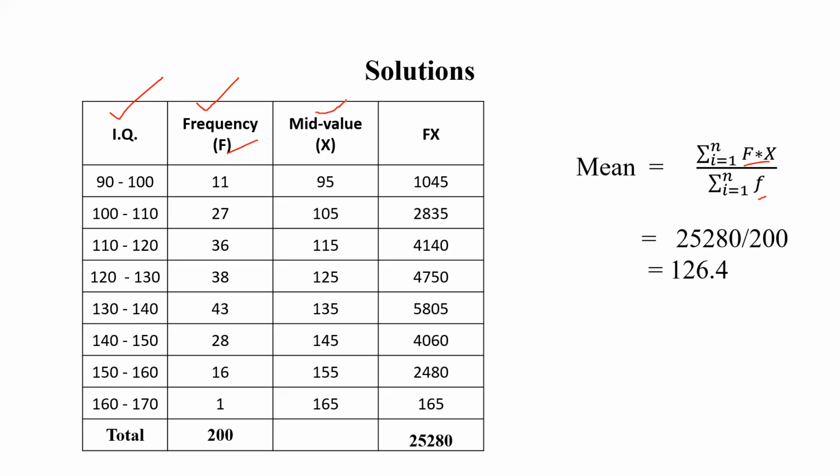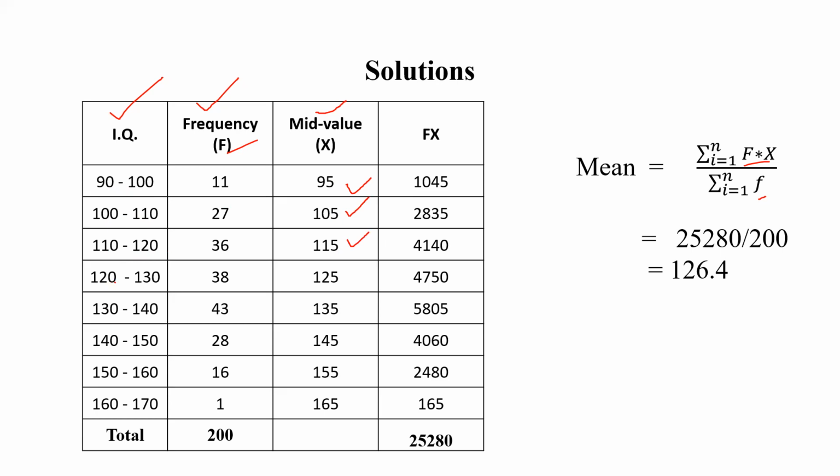How will we get the mid value? We take the first column, class interval, lower limit plus upper limit divided by 2, and we get 95. Here 100 plus 110 divided by 2 gives 105. Here 110 plus 120 divided by 2 gives 115.